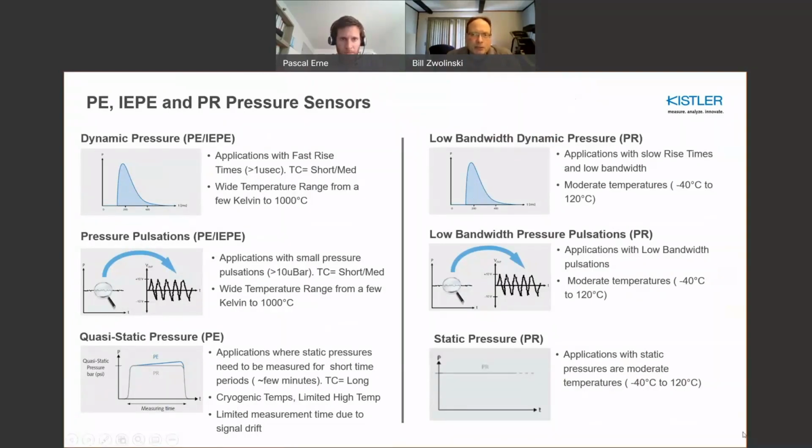In terms of piezoresistive, you certainly have the dynamic or transient events, as well as the low bandwidth pulsation events as well. Static pressure as well is absolutely optimized for piezoresistive measurement. So if that's part of the requirements, that technology will best suit that measurement.